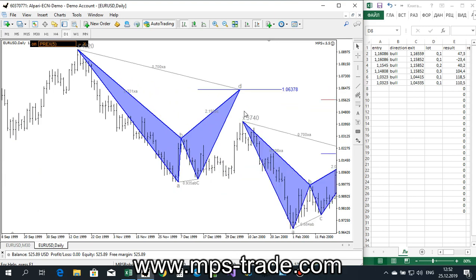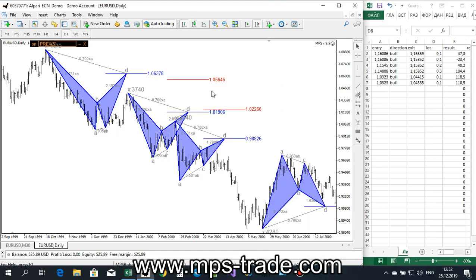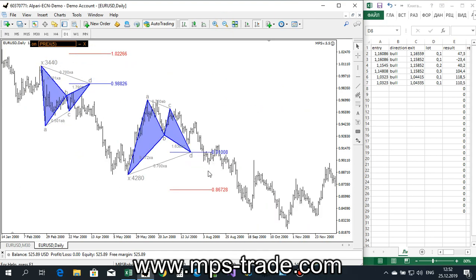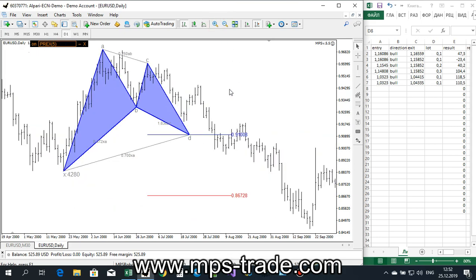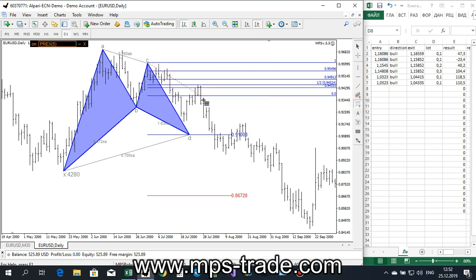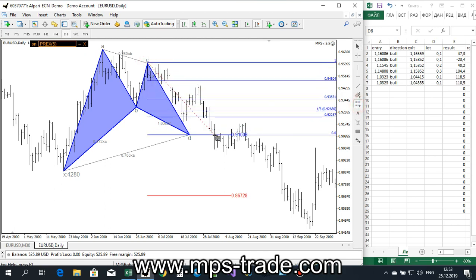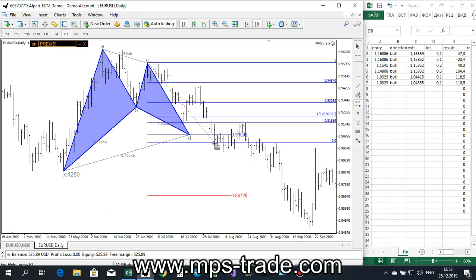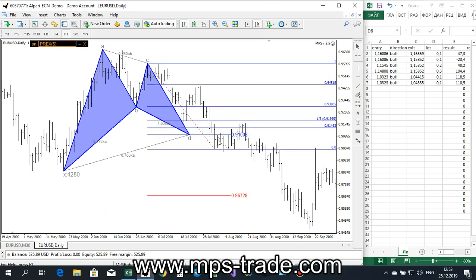Okay, let's go next. This one didn't complete. Let me zoom it out. This pattern. So what about this one? Let us find first if it was a winner or a loser. So we stretch our fibs from here. Pattern completed here. Then it goes lower. This is not enough to hit 1/3.